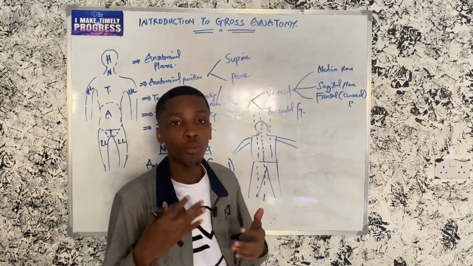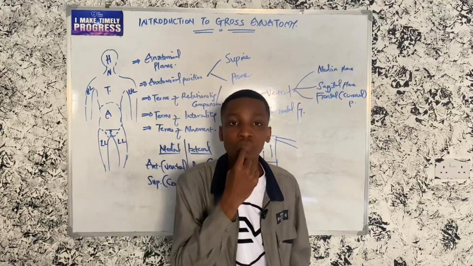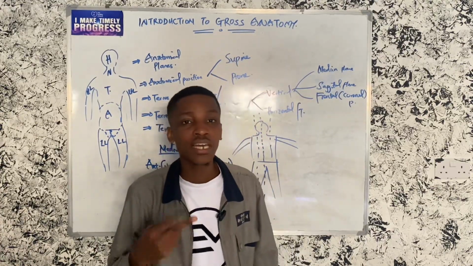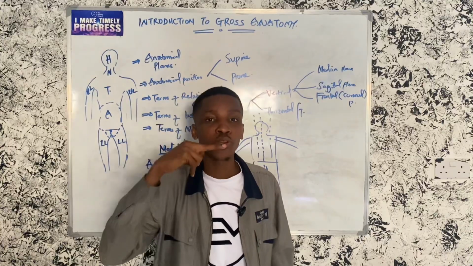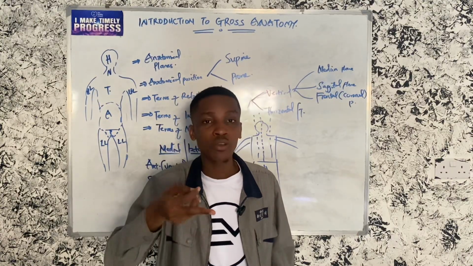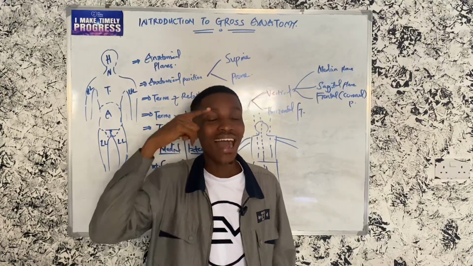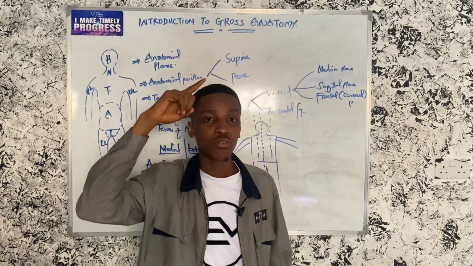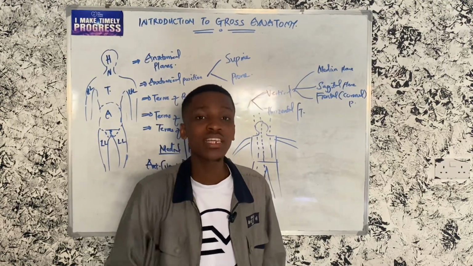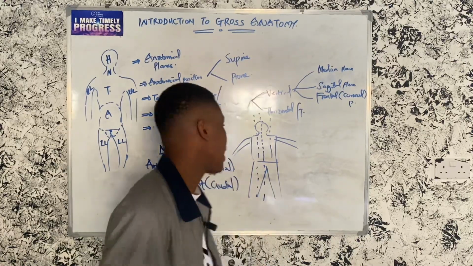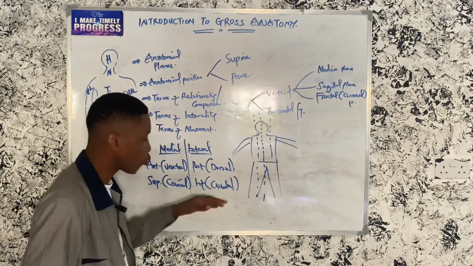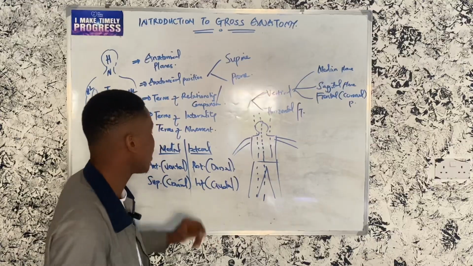So if I'm comparing two structures like your mouth and your eyes, I would say that the eye is superior to the mouth. Or another way I could say is that the mouth is inferior. I could say the eye is cranial to the mouth. I'm correct. So anything closer to the head, that's the idea of superior. Anything farther away from the head, that's inferior.